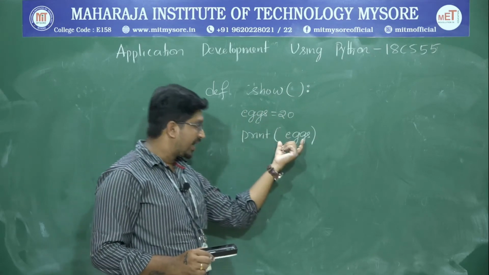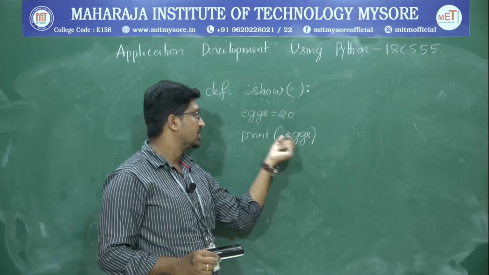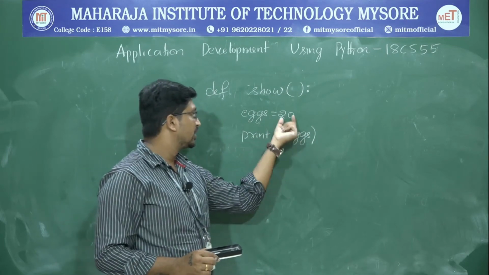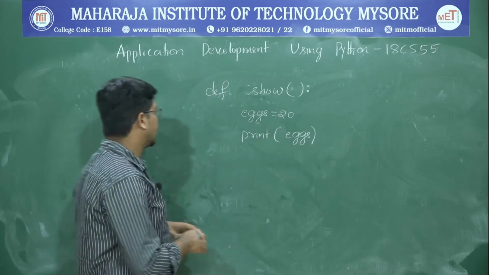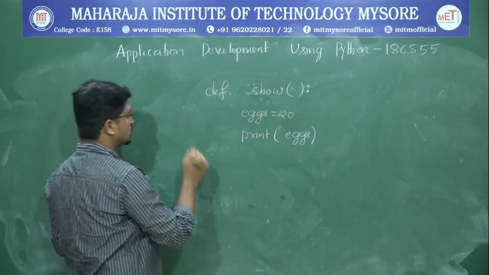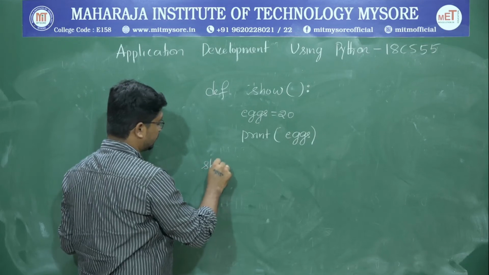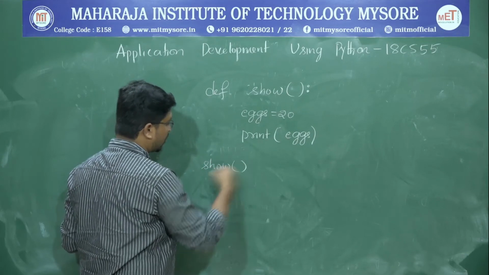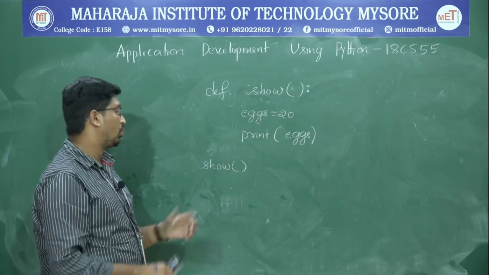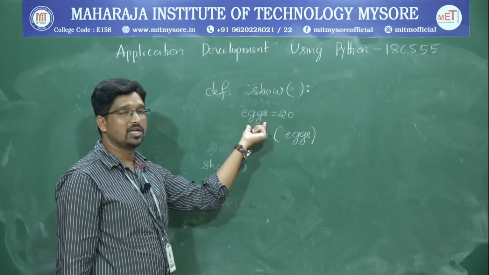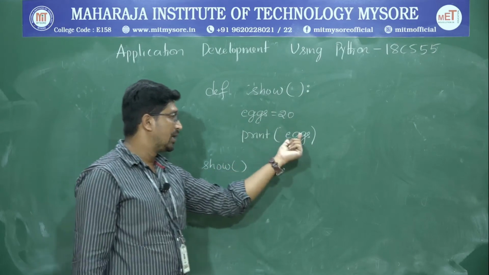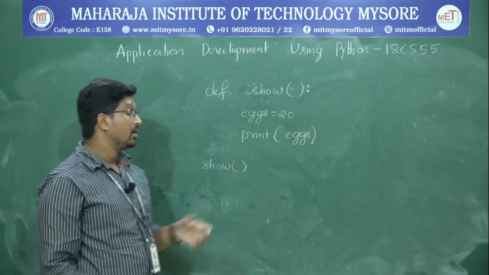Then print of x. Whenever you print x, you will get output as 20 because it has got 20. Now I am calling this show function. Now if you call the show function, what will happen? It will go to the show function, x is initialized with 20, then 20 will be the output, right?